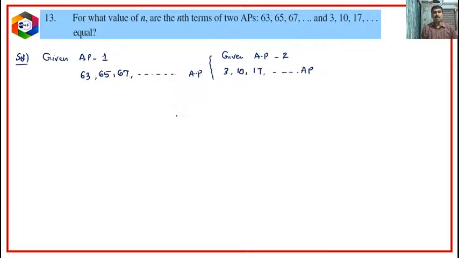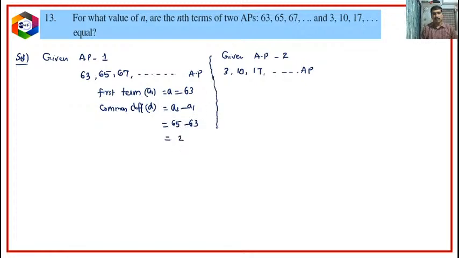Before going to calculate nth terms, first of all let us calculate the first term. So the first term a1 is equal to a is equal to 63, and the common difference d will be a2 minus a1, which is 65 minus 63, which is equal to 2.